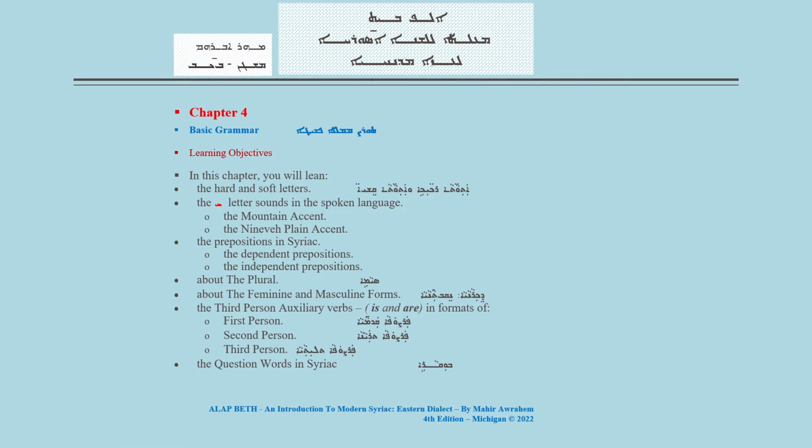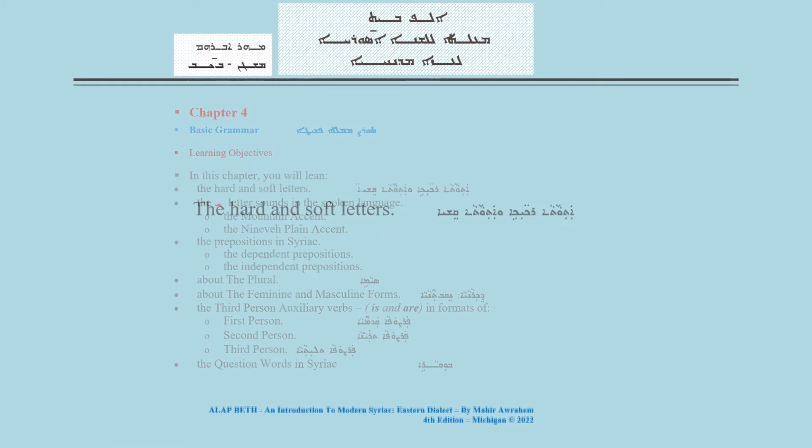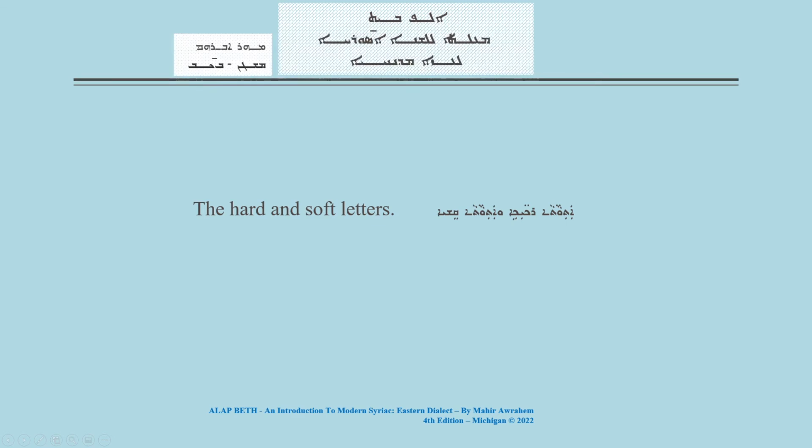We need to study is and are because we need to start building our skills with the language. So we're gonna have some statements and use them in examples while we're studying this chapter and the next 2 chapters as well. And finally, at the end, we're gonna cover the question words in Syriac, just to know how we're gonna ask a question in Syriac.